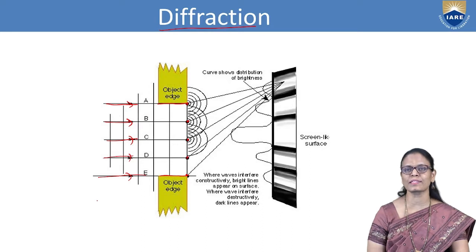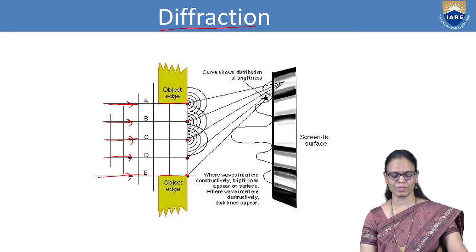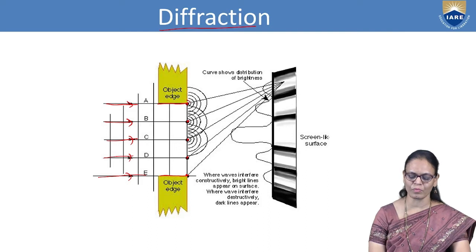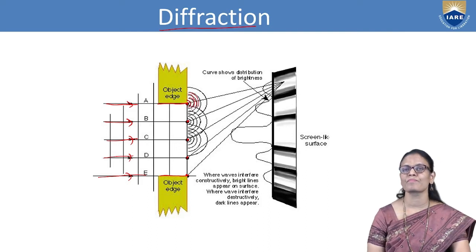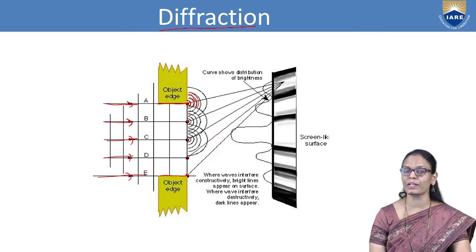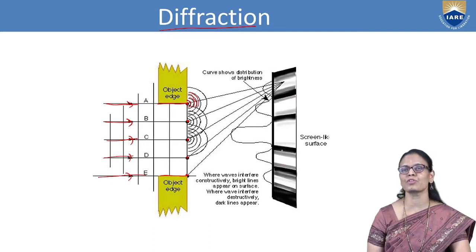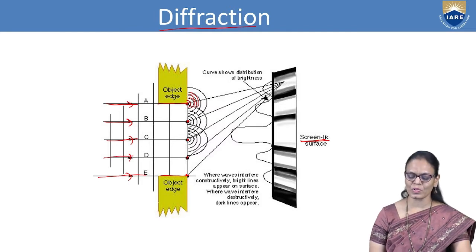So these points which we are seeing will act as secondary sources and start sending secondary wavelets. If light bends around the corners of an obstacle, we should get only a shadow here, and there should not be anything seen in the geometrical shadow. But what we are observing on the screen, which is placed at a distance d, is that it extends into the geometrical shadow.